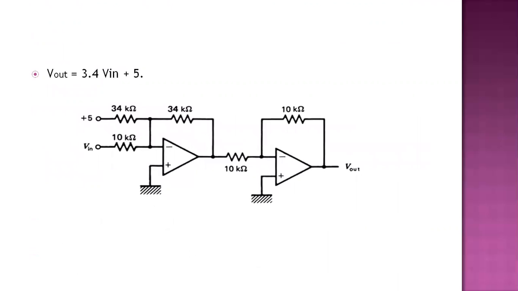So an op amp summing amplifier plus one buffer will be used here. By this way, we have designed the circuit for the output voltage equal to 3.4 V in plus 5 volts. We have selected resistor values like 34 kilo ohms and 10 kilo ohms, so that the calculation is easy and it provides the gain of 3.4 directly.